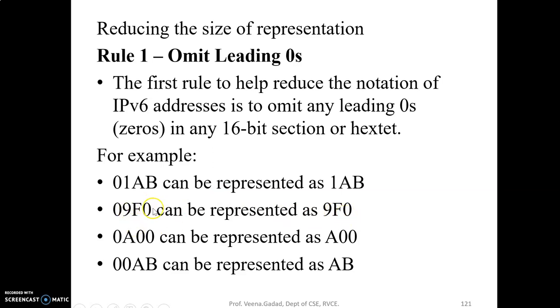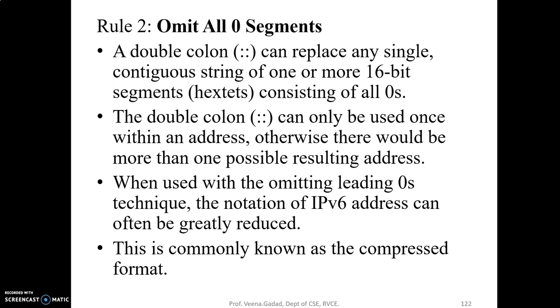However, leading zeros can be omitted, but trailing zeros cannot be omitted. As you can see in examples 2 and 3, in example 3 you have 2 trailing zeros and 1 leading zero. The leading zero can be omitted, but the trailing zeros cannot. Again, if you have 2 leading zeros, both can be omitted, and it can be represented as just AB. This is the first rule for compressing the size of IPv6 addresses.